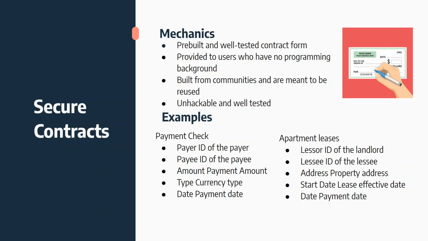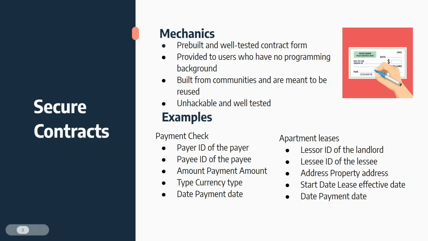An example for this is a simple secure contract. Here are two examples. One of them is a payment check, which is used every single day. It's a very common form of payment, and here's how our secure contract forms would work with the payment check.